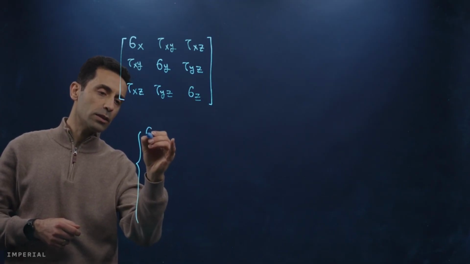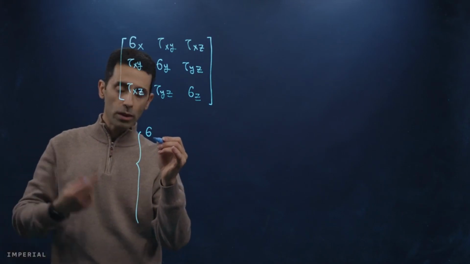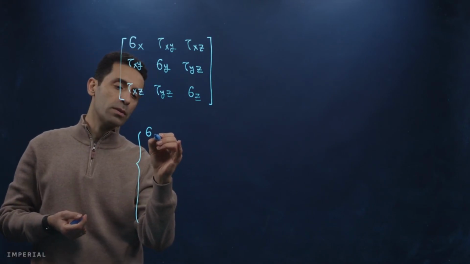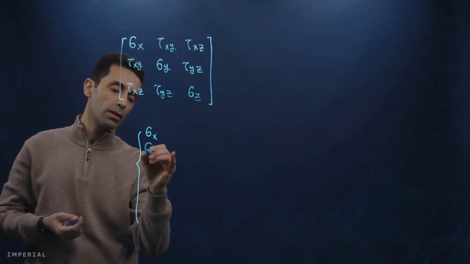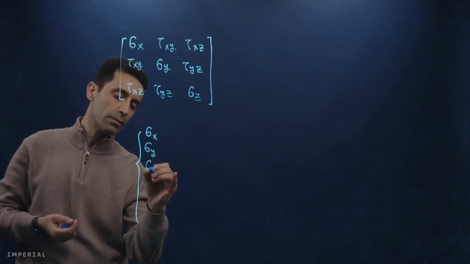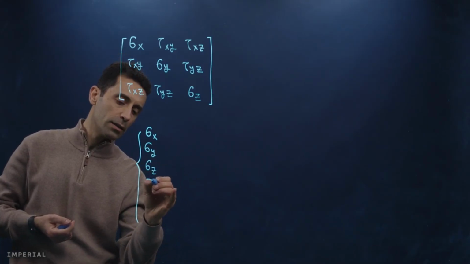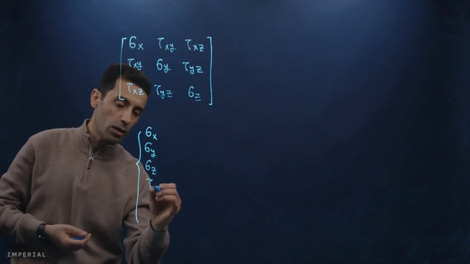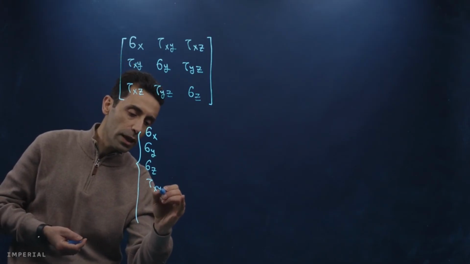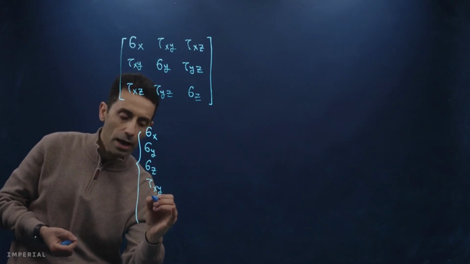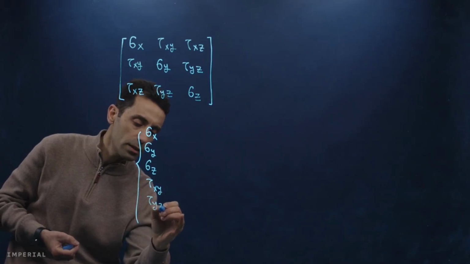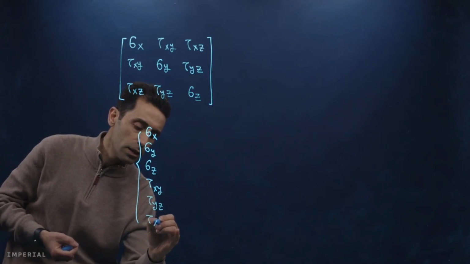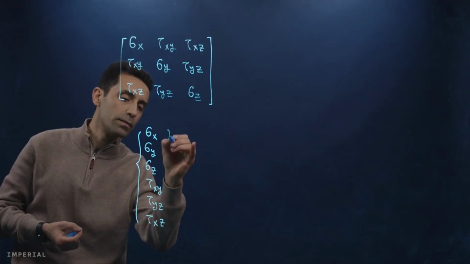So you can imagine here we will have all the normal components, sigma x, sigma y, and sigma z, and then we will have the shear components, so tau xy, tau yz, and finally tau xz.